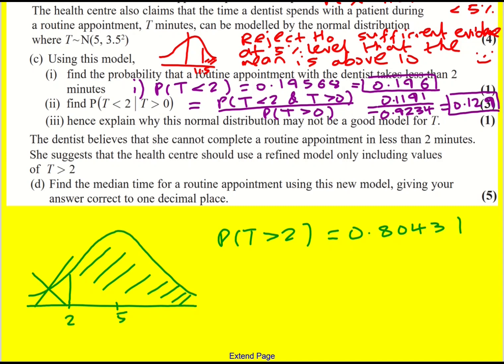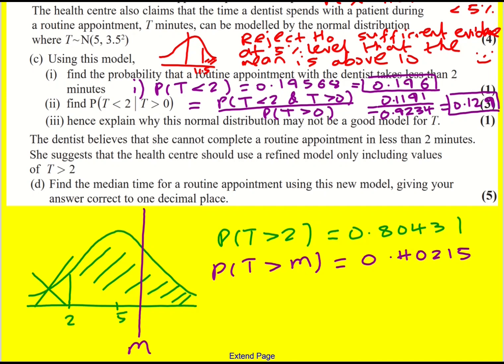So now if I want to find the median, it would be exactly halfway. And let me call this m for the median. I can then write down that the probability that t is greater than the median is going to be a half of this amount, 0.40215.